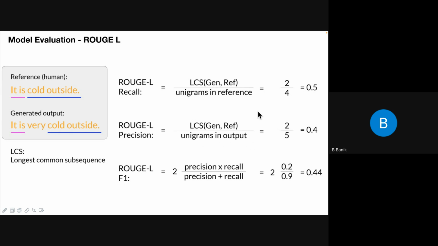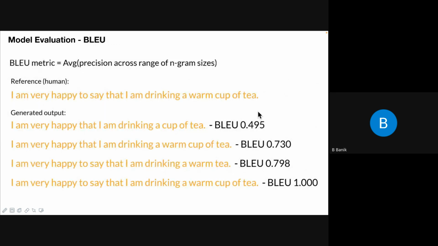You can programmatically find out this score while modeling or fine tuning your model. And then the BLEU score takes an average of precision across a range of n-gram sizes. You can generate a different output based on a given prompt, for example "I'm very happy to say that I'm drinking a warm cup of tea", and you see that the output is generated with different text.